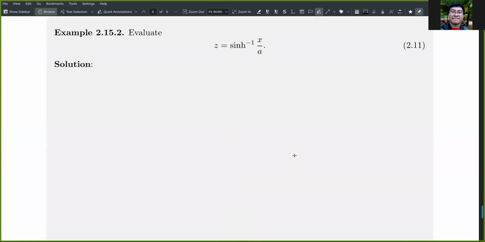And last example, evaluate z, which is equal to hyperbolic sine inverse of x over a. So we can write x over a equals hyperbolic sine of z. Hyperbolic sine of z, by definition, is e to the z minus e to the minus z over 2.